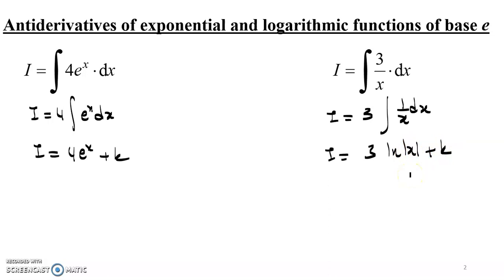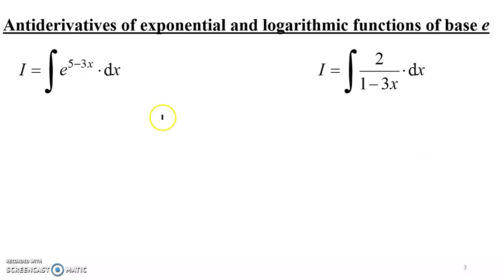Now over here we're not given that x is positive, so x could be any non-zero real number. So in that case, the antiderivative ln x would actually take the absolute value here. Now these are two simple, direct, straightforward examples to start with.